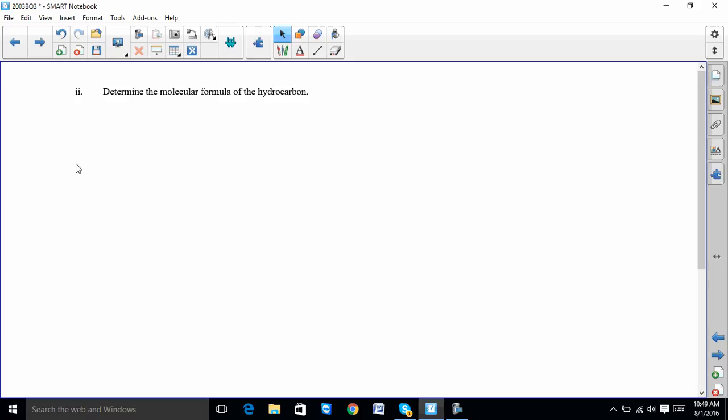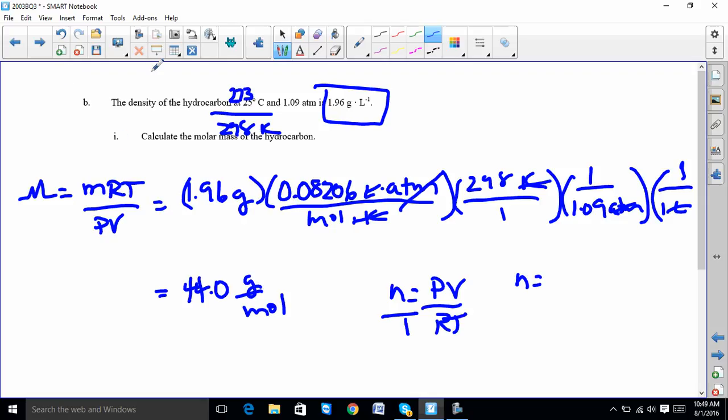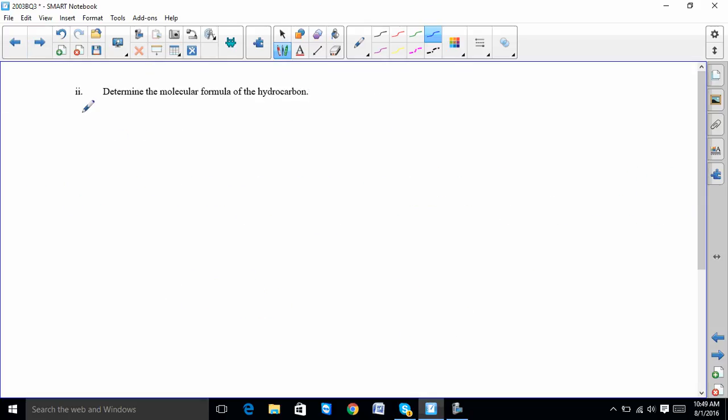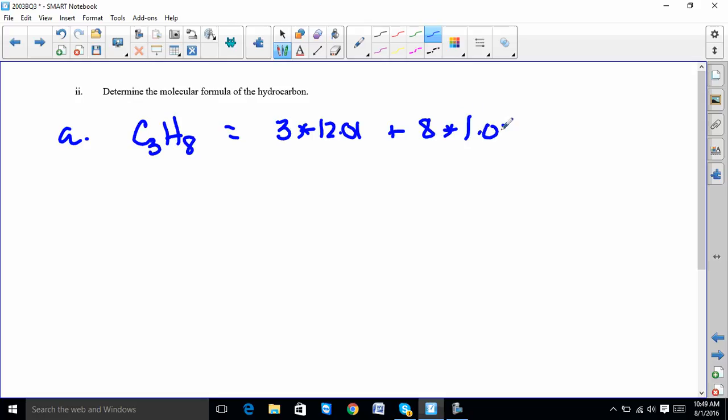Now, here's the deal. Make sure I have the pen turned on. In part A, we figured out that the empirical formula was C3H8. So let me just take a minute to figure out what that weighs. So we got 3 times 12.01 plus 8 times 1.008.